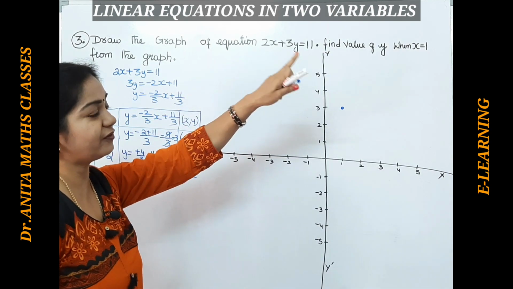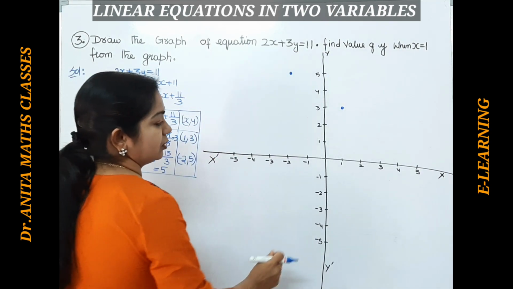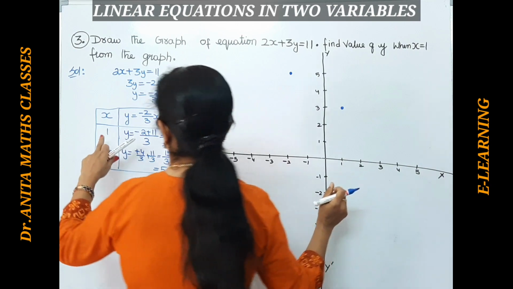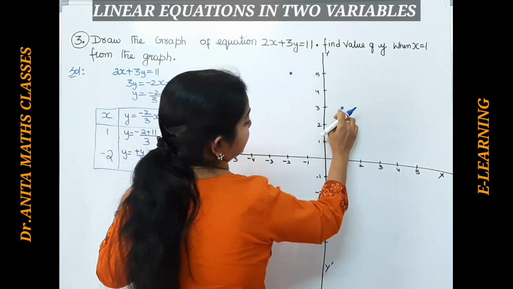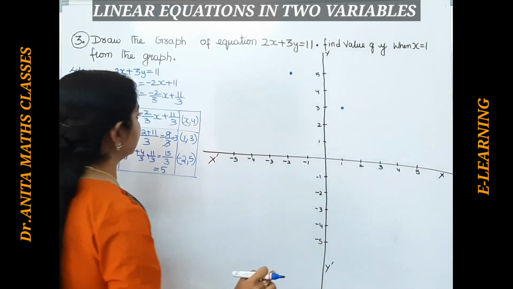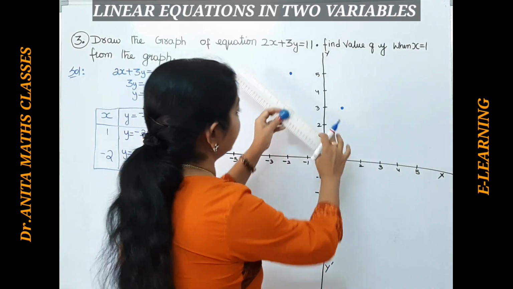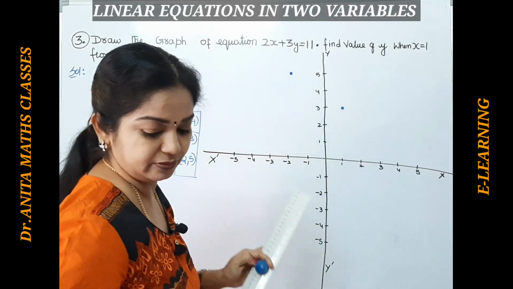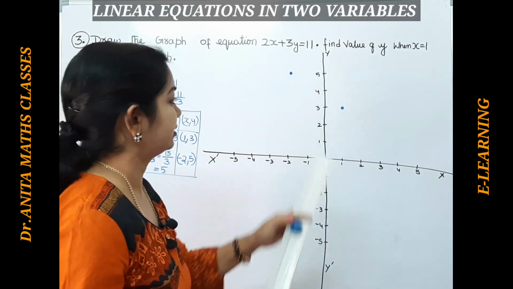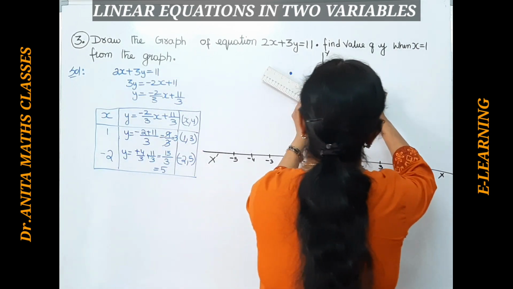Now find the value of y when x is equal to 1. Okay, so x is equal to 1, we got this value. So if you are, let me draw the graph. If you are joining it, let us join it with another color with a scale, right?